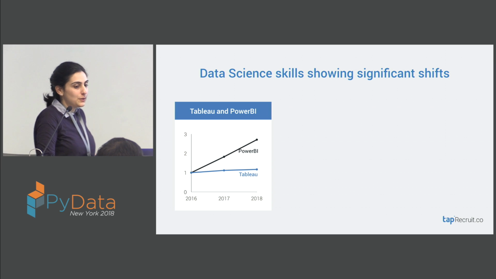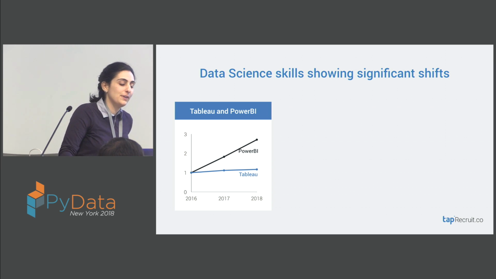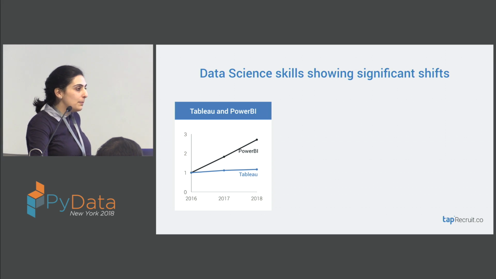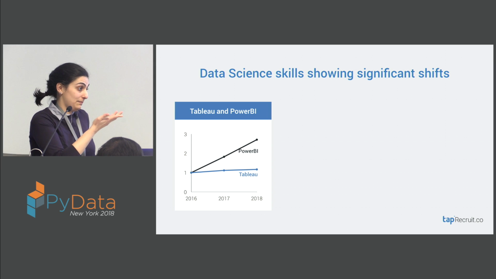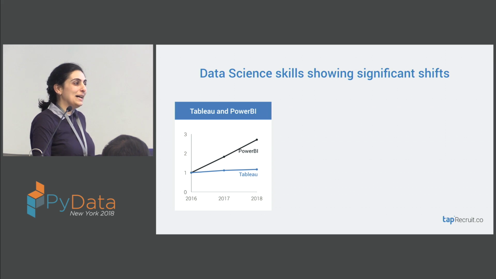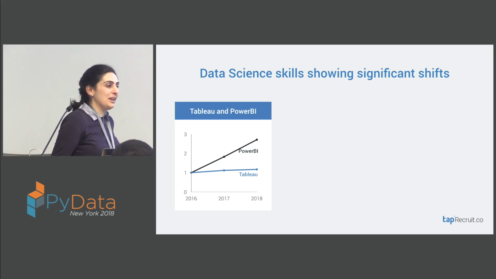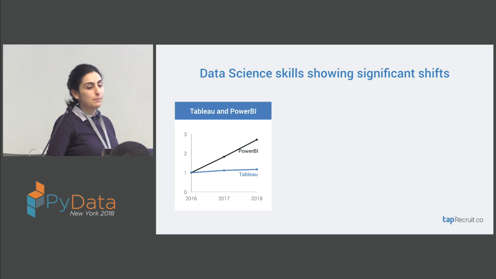The other shifts we're seeing are very interesting, and completely opposite of what I thought. Tableau and Power BI came out of our analysis as significant shifters. Tableau doesn't look so big because Power BI is doing amazing things, so well done Microsoft, I guess, our sponsors. But Power BI is seeing quite dramatic increases. So is Tableau, actually. So data viz skills are picking up, and that was opposite of what I thought.